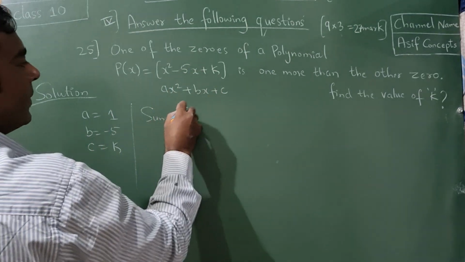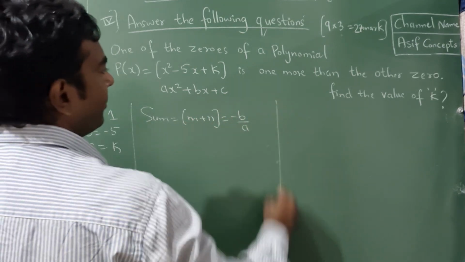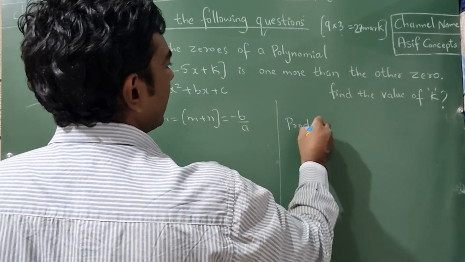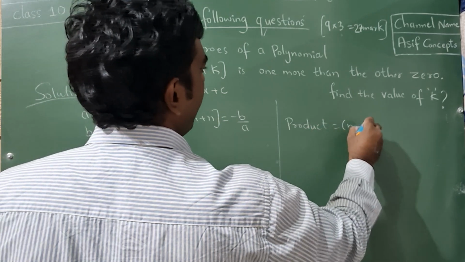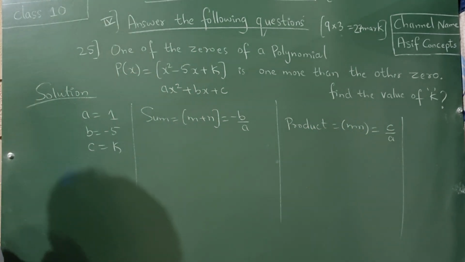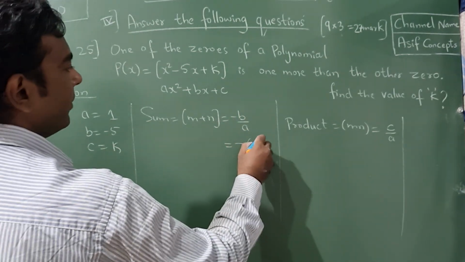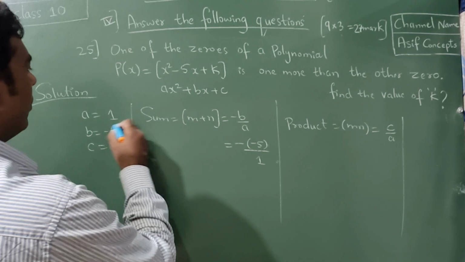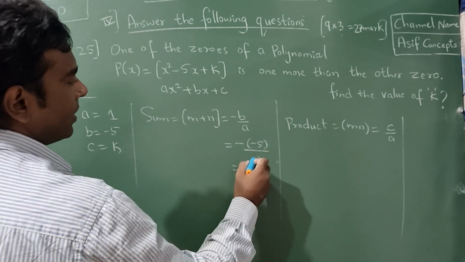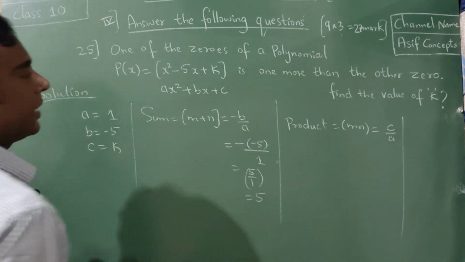Now what is sum? I'll consider m plus n is equal to minus b by a, and product, if I consider mn, so this will be c by a. Now first let me write minus b value is minus 5, a value is 1, so minus into minus is plus, so it will be 5/1, also written as 5.